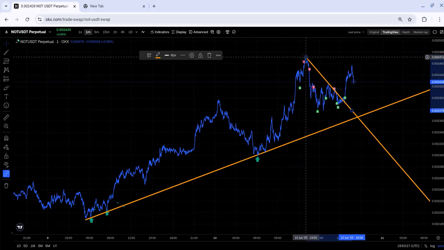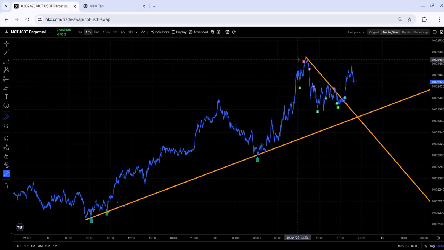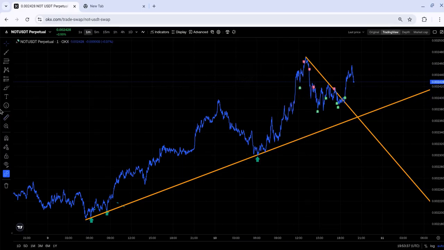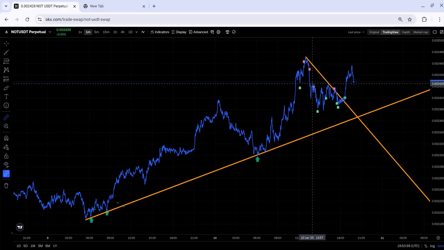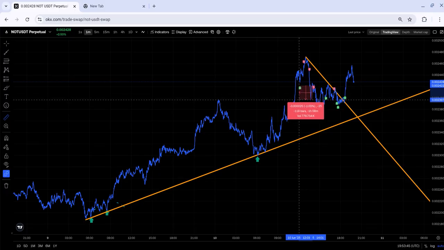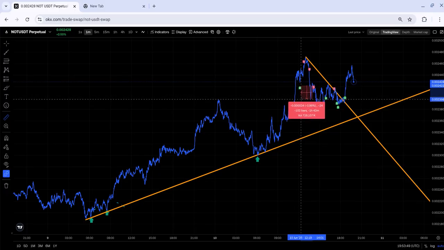Okay, now you can see here this trend line here is no longer valid, but how I placed it was this was a point here, and here was an attach point, and there was 1% here. If you look here, there was 3% reaction. And here we had about 1% reaction here.